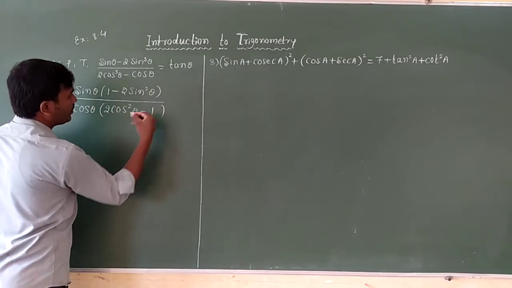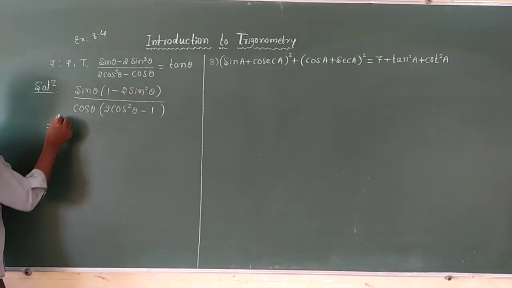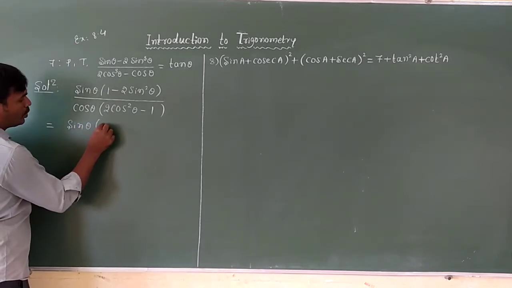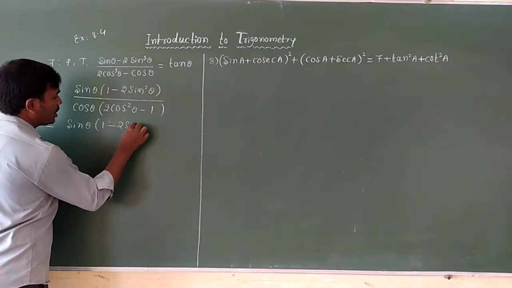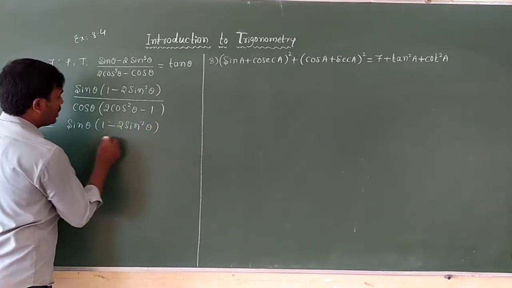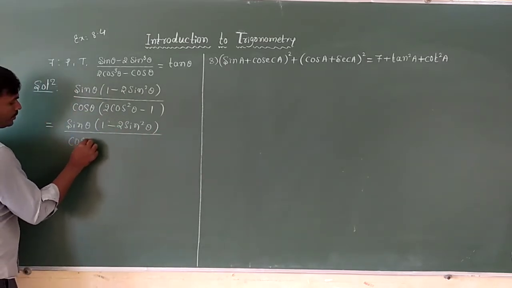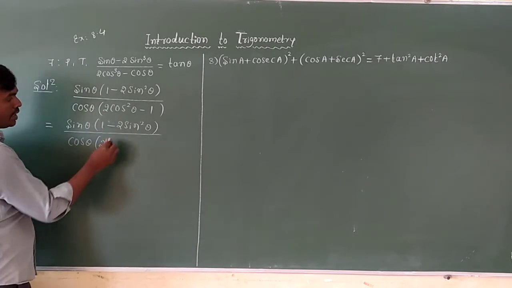minus 1 here. So this is equal to, let us simplify this one again, sin theta into (1 minus 2 sin square theta), keep it as it is, whole divided by cos theta into 2, take this 2 as it is.